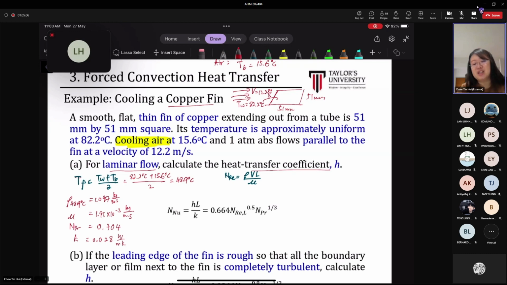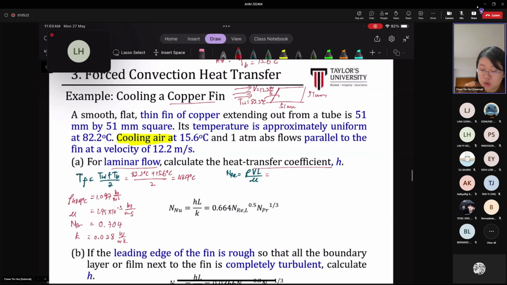Now that we have the air properties at film temperature, let's substitute to check whether it's in the laminar flow region. The density is 1.097 kilograms per meter cubed, the velocity is 12.2 meters per second, and the length of the plate is 51 mm.